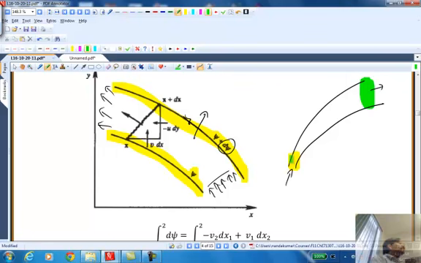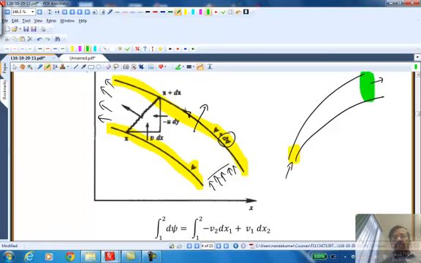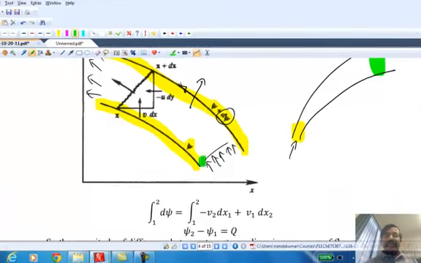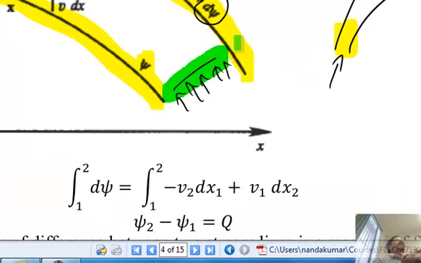So if you plot contours of streamlines, you can immediately visually tell that in this region the velocity is much higher than in that region.